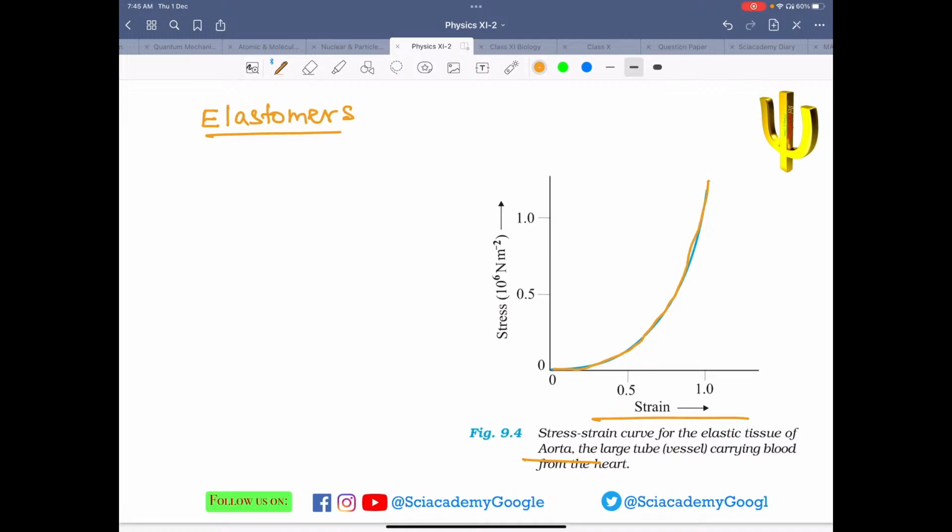That means it does not follow the proportionality relationship between stress and strain. That means the elastic region is very large, right? The material does not obey Hooke's law over most of the region. So that's why it is known as elastomers.